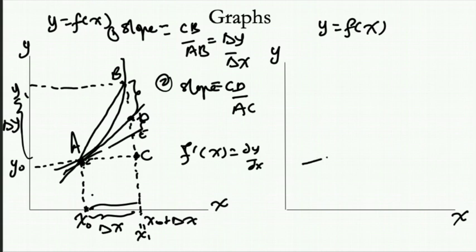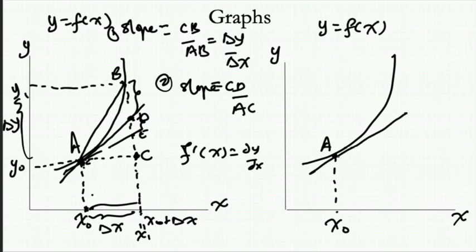Then we have point E here, and then we have x naught here, and then we draw the line like this, and this one is D, this one is C. So let's label AC as dx, let's label CD as dy.